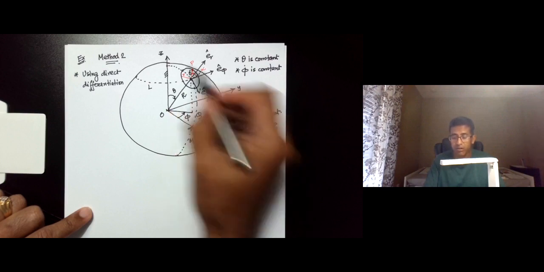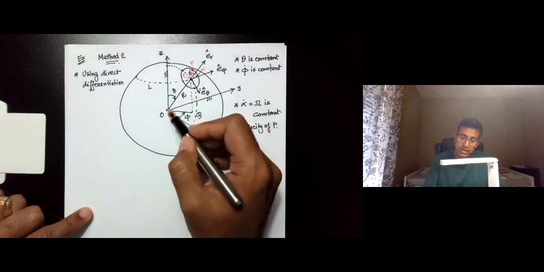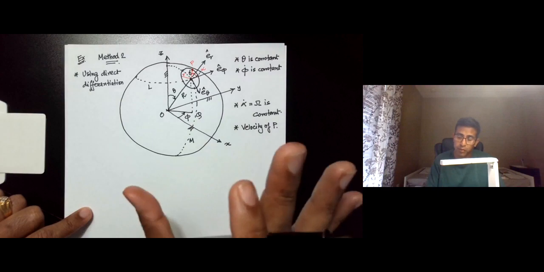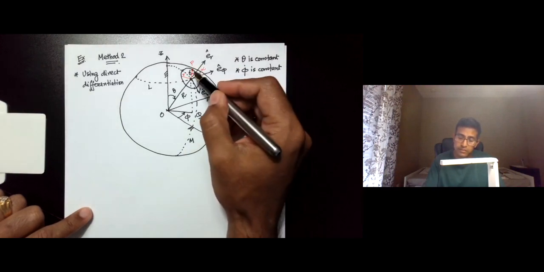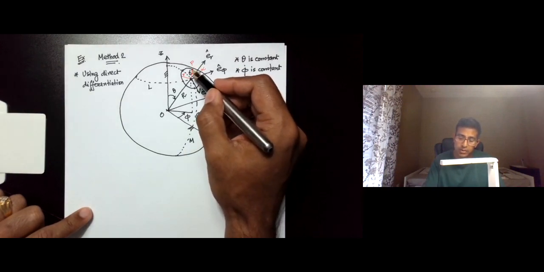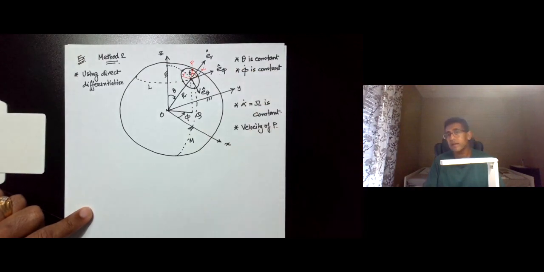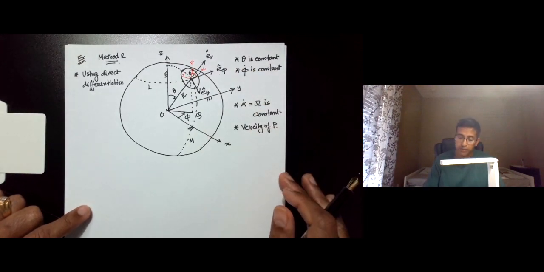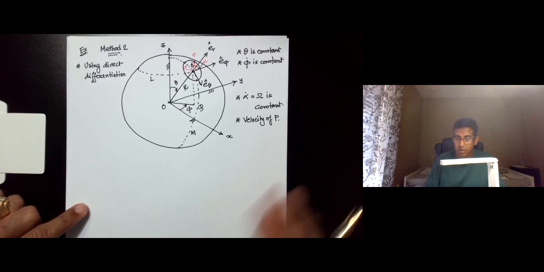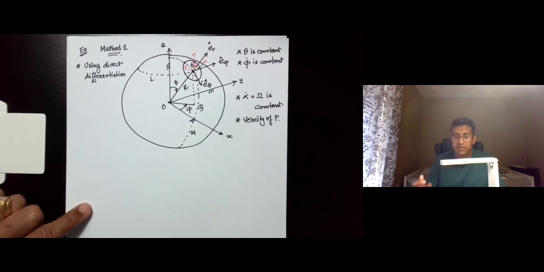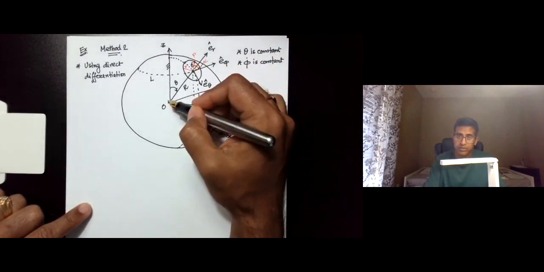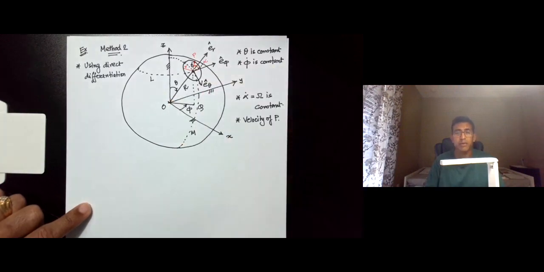It is the origin of the sphere. Since the origin of the sphere is already very well defined, we can come up with the position of the point P and then differentiate it. So direct differentiation requires us to express the position of a point with respect to a fixed point, and here the fixed point is well defined.